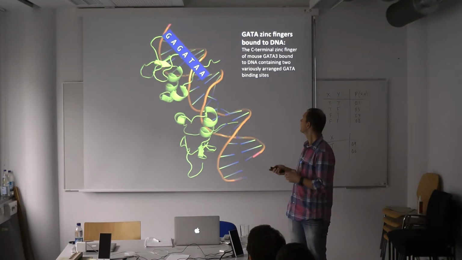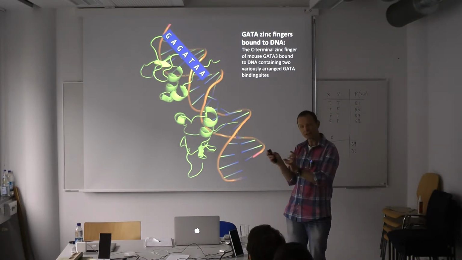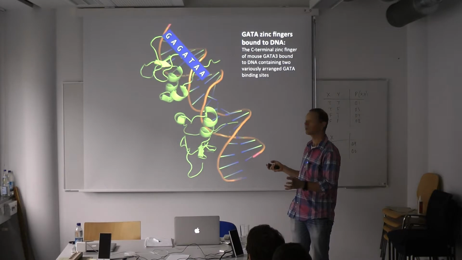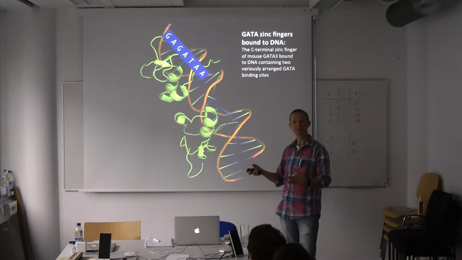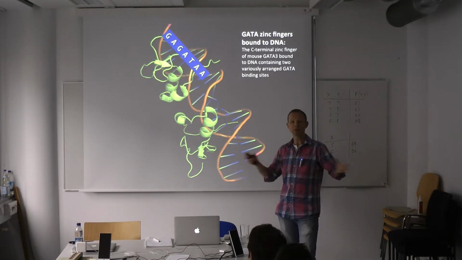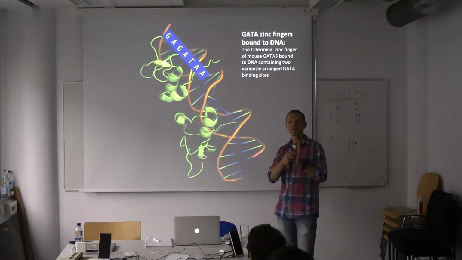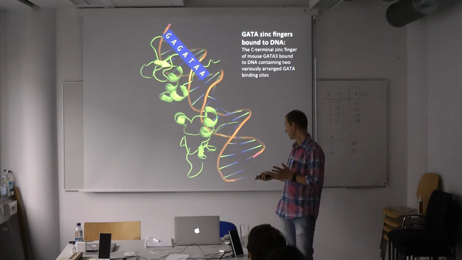Okay? So we'd like to know what are the critical positions in such a binding motif, and maybe describe that in some way that would be sensible for us to score it, to quantify this across a whole genome sequence.